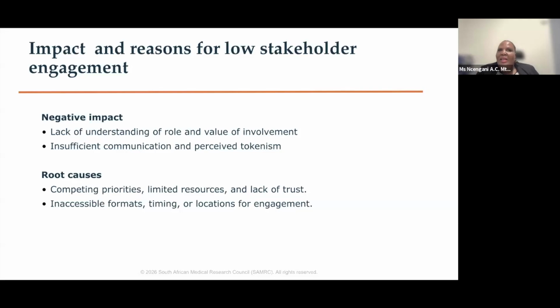And at times, you find that there are barriers, such as platforms where we can engage the communities. At times, the times are limiting when the community participants are at work, when we are out in the communities, or maybe the location that has been selected is not effective to be able to allow us to engage the communities. Let's move to slide 9.